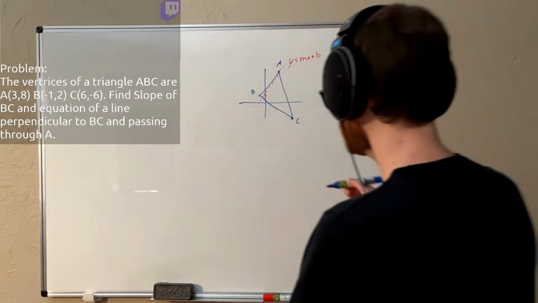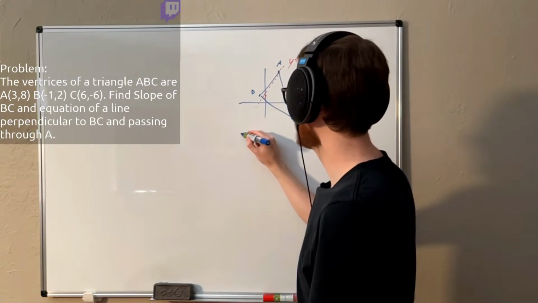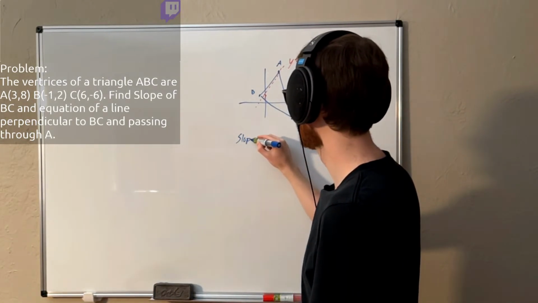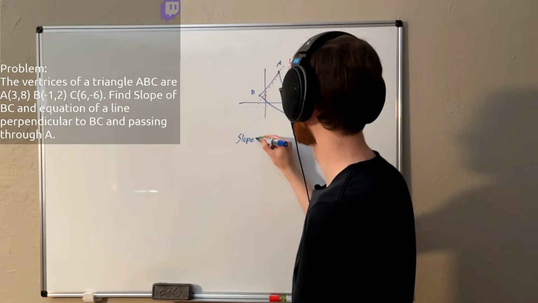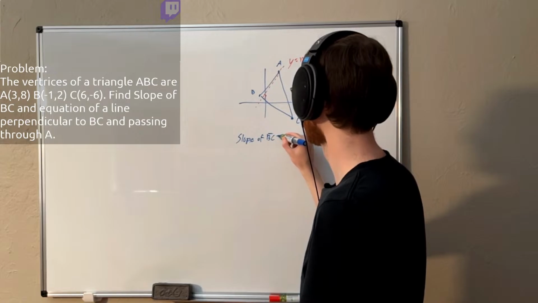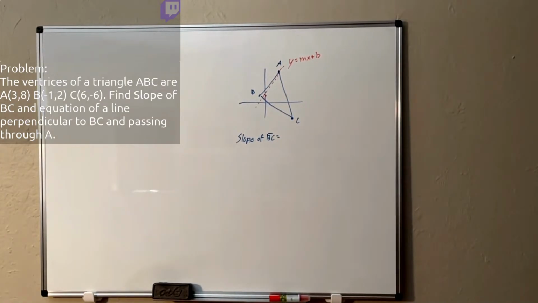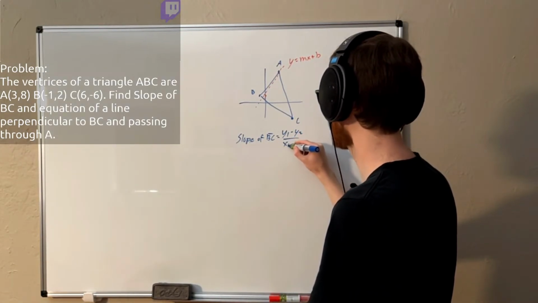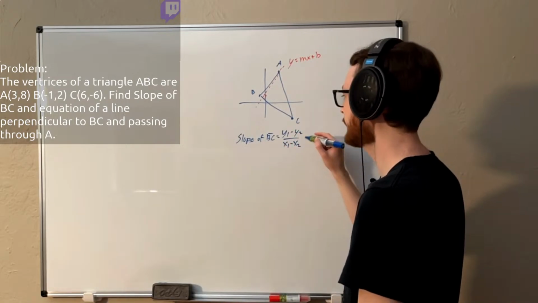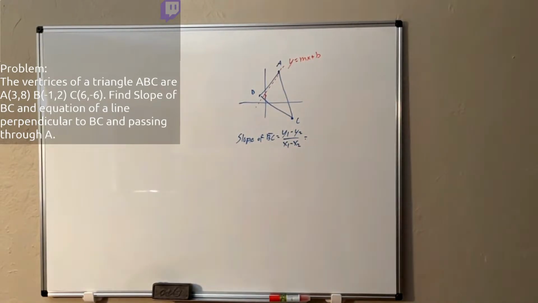So to find the slope of BC, we do y1 minus y2 over x1 minus x2. Wait, you have to have subscripts in the right order. Which one is 1, which one is 2 doesn't matter as long as you're consistent.